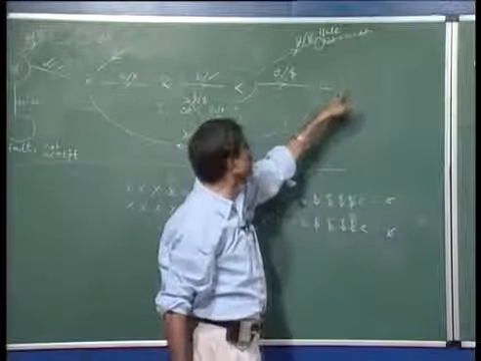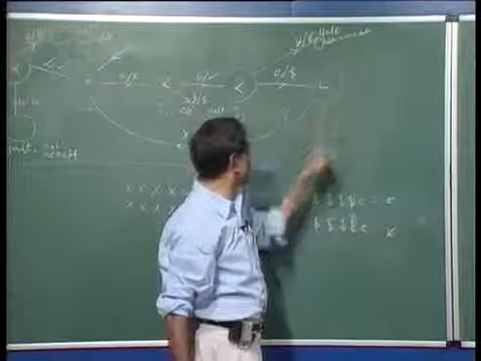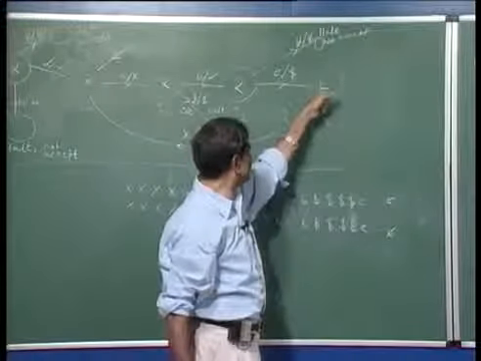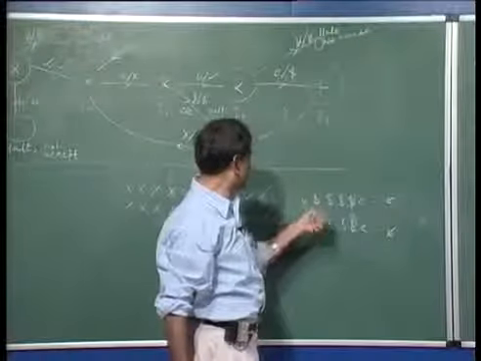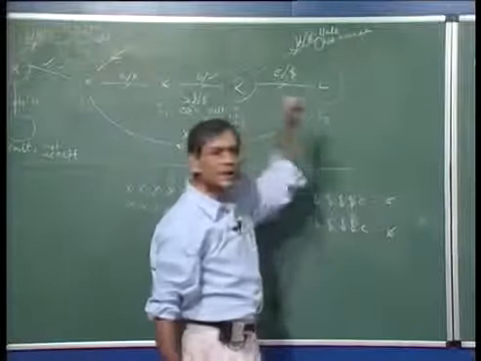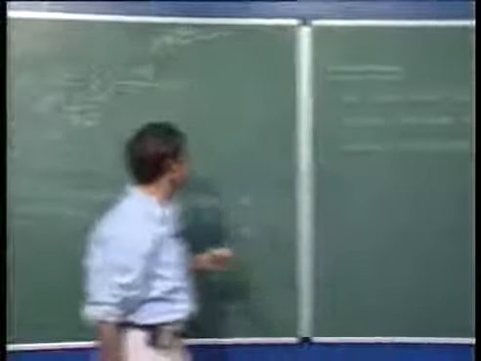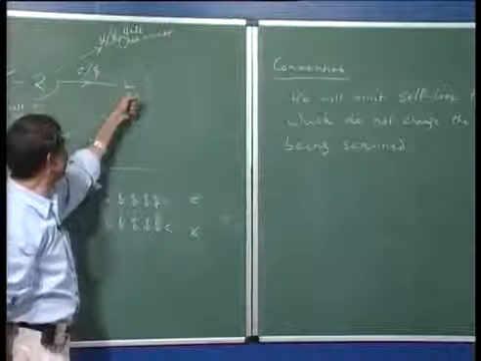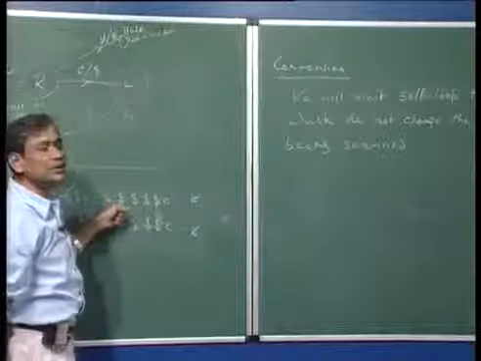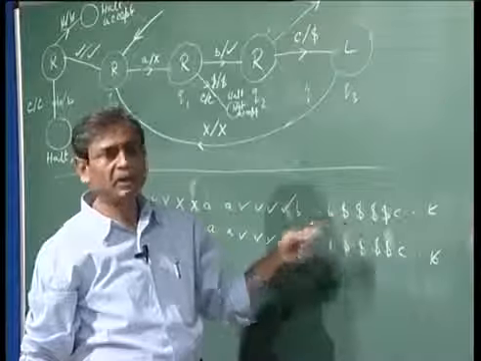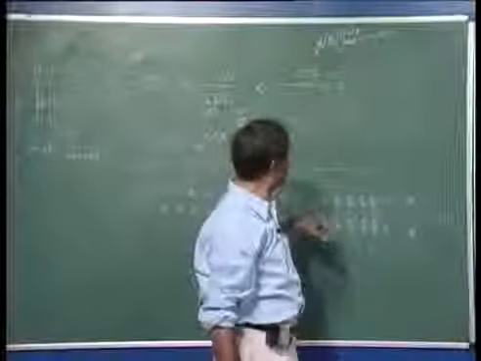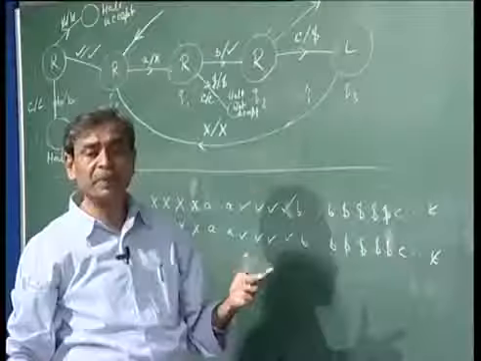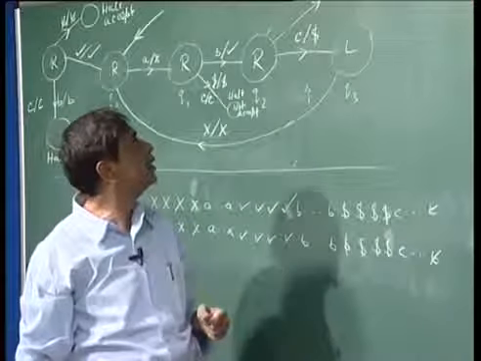In this diagram, it is not explicitly mentioned what the Turing machine does when it is in state Q3 scanning dollar. Since nothing is mentioned, by this convention we will assume that it remains in the same state writing the same symbol. Okay. So, we will see another example where we will use this convention right from the beginning.